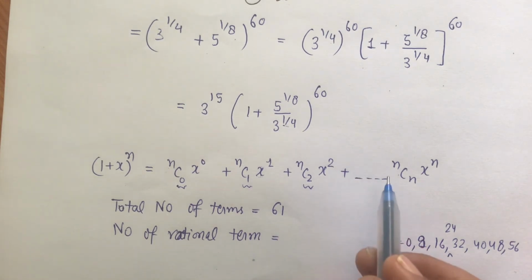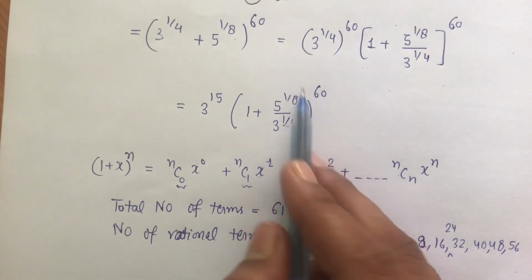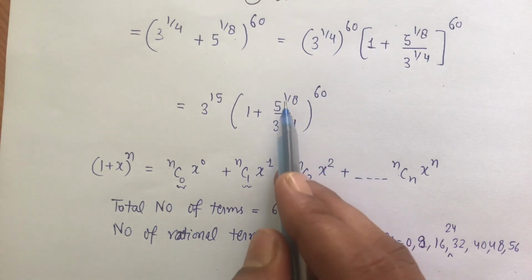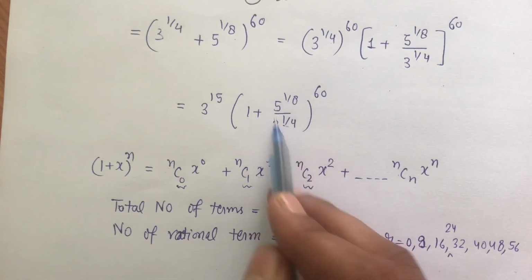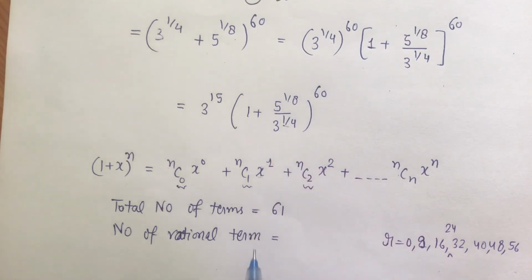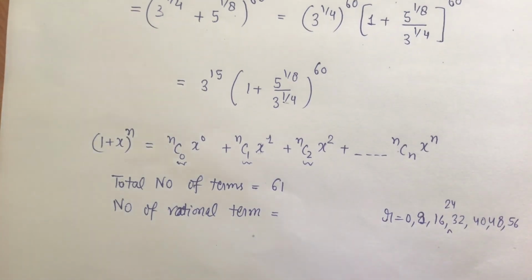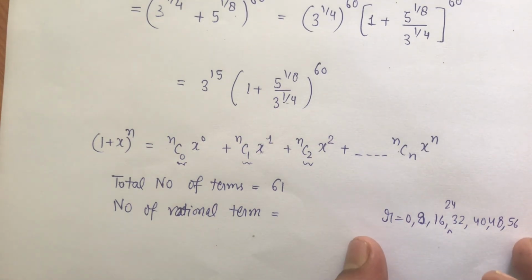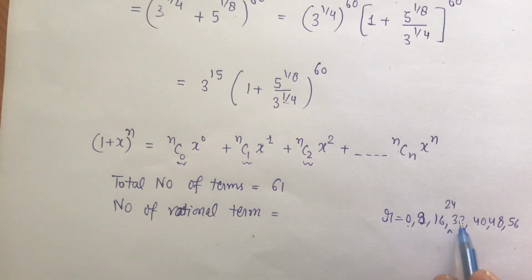Similarly 60C16, 5 raised to the power 1 by 8 raised to the power 1 by 4 raised to the power 16 will be a rational term. So for r equal to 0, 8, 16, 24, 32, 40, 48, 56, the term will be rational. So the number of rational terms will be 1, 2, 3, 4, 5, 6, 7, 8.